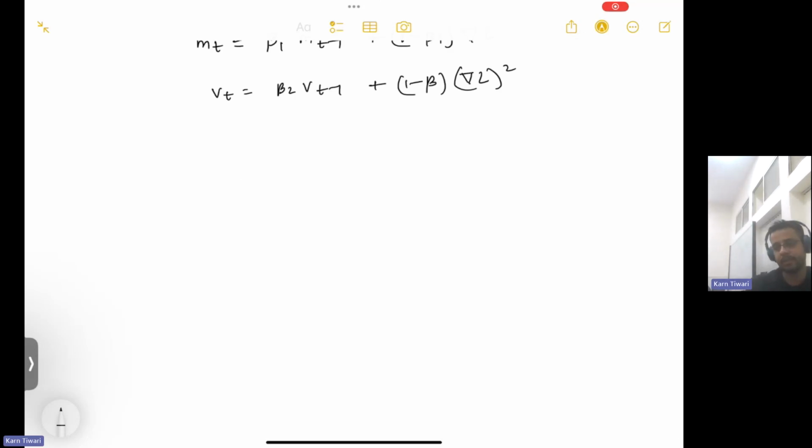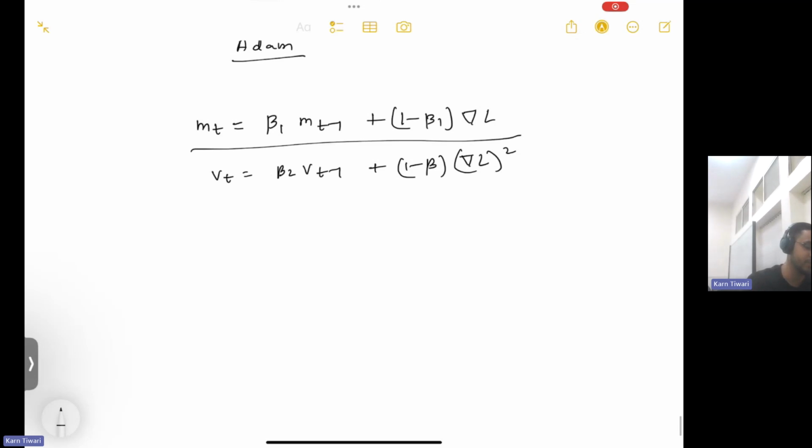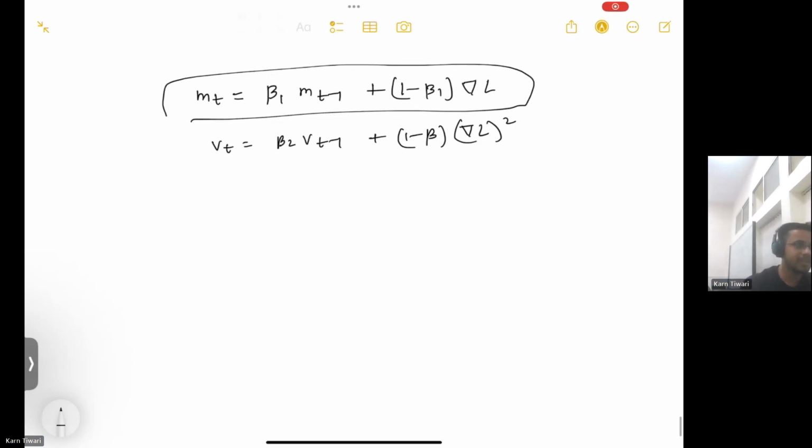Del of L square is good because it's not negative, that's the main thing. And this is the normal update which we saw in the momentum based or Nesterov accelerated gradient descent. So it's just trying to use the previous algorithms.